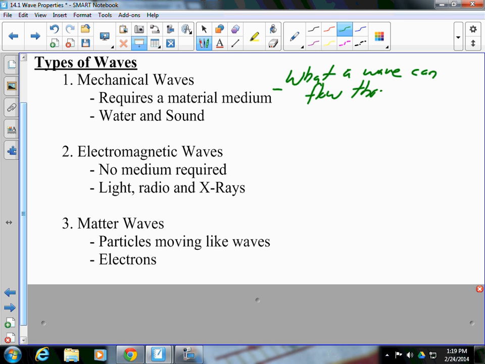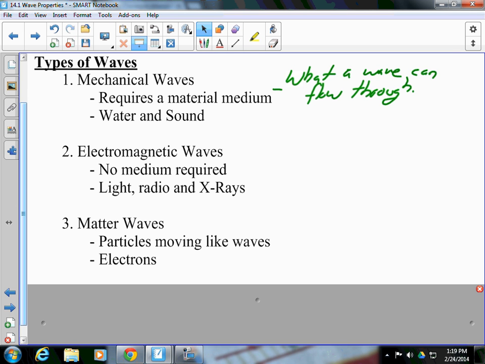So it has to be something. A medium is something, like air. For example, a vacuum such as outer space is no medium at all because there's nothing in outer space. So mechanical waves require a medium. Water, sound, all of those are mechanical waves.